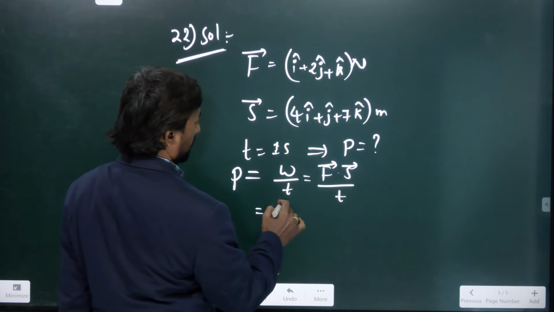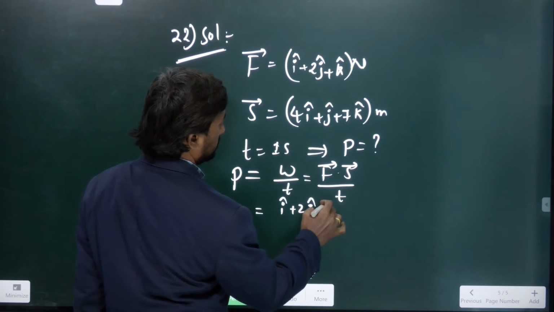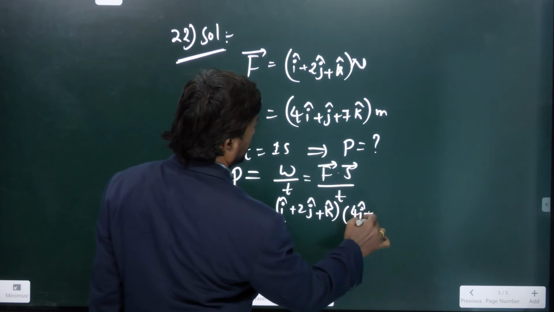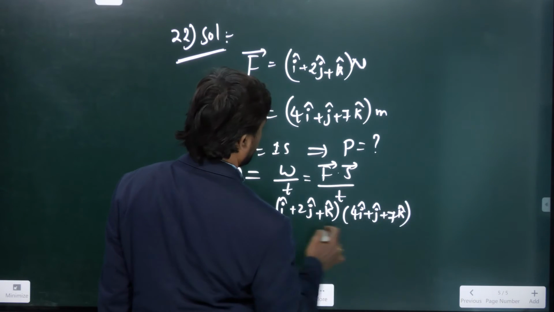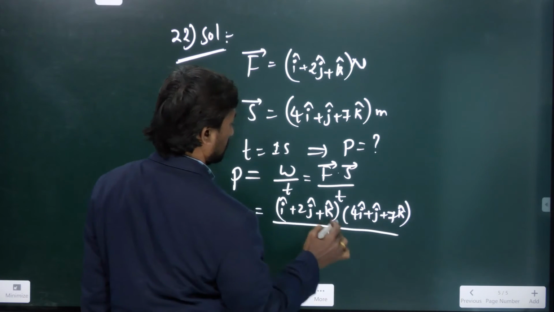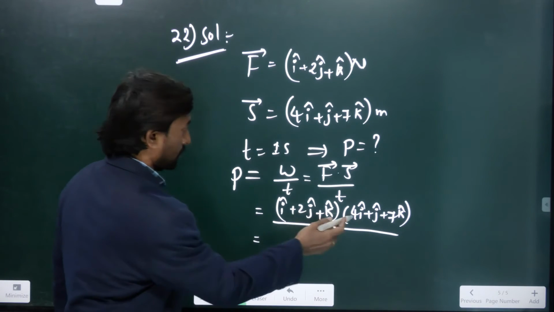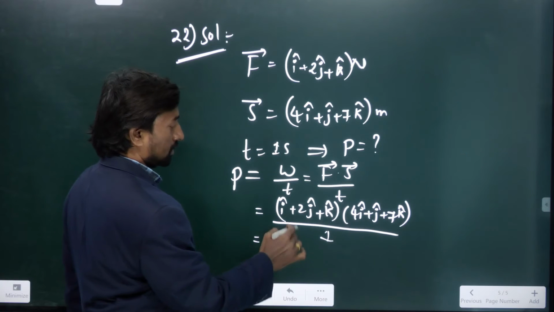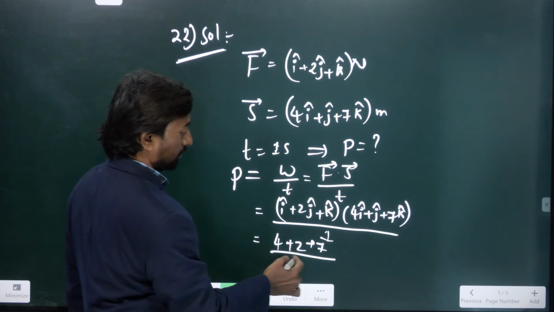So F is i cap plus 2 j cap plus k cap, dot 4 i cap plus j cap plus 7 k cap, divided by 1. So how much do we get? 4 plus 2 plus 7, divided by 1.